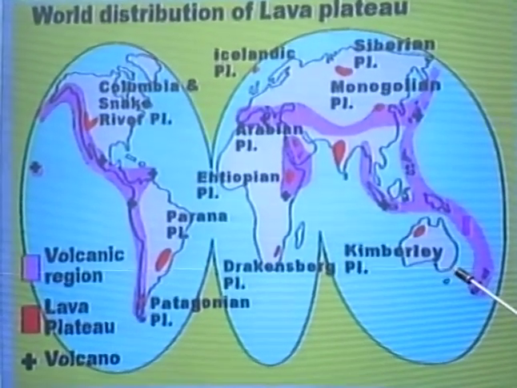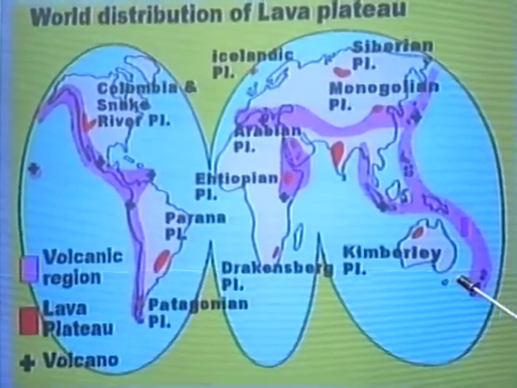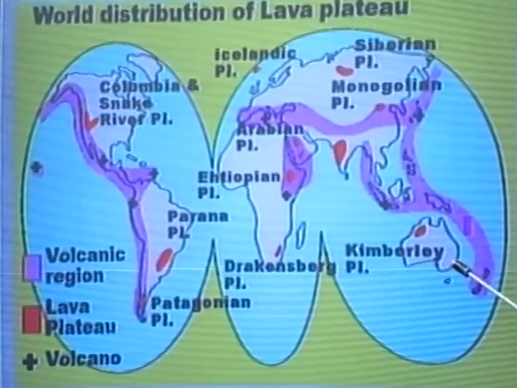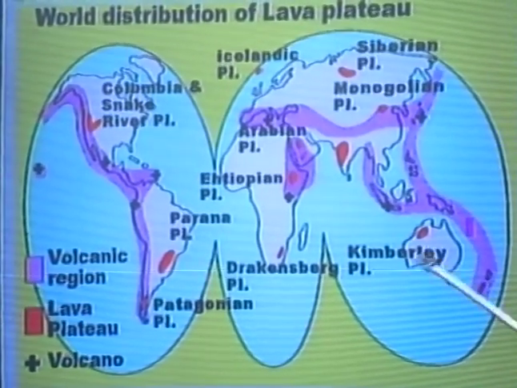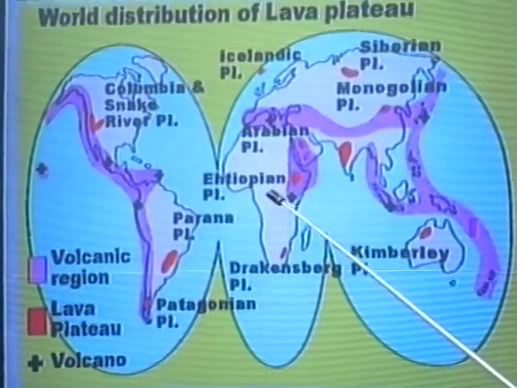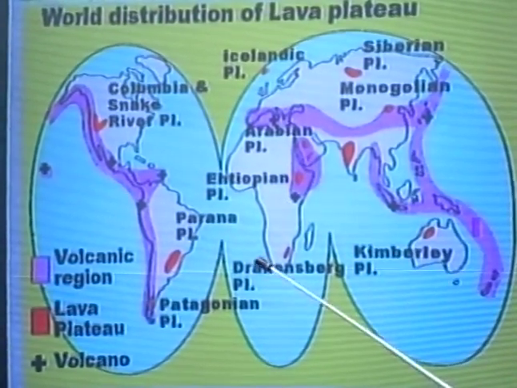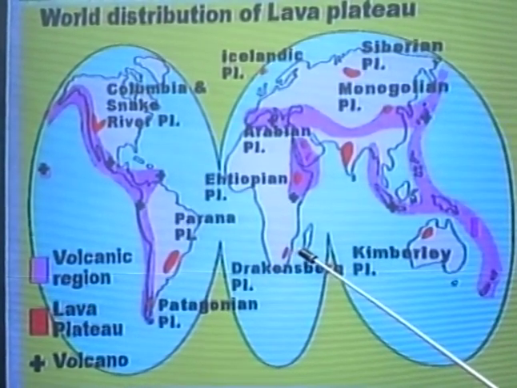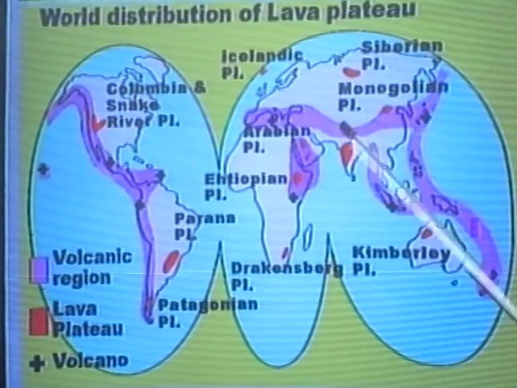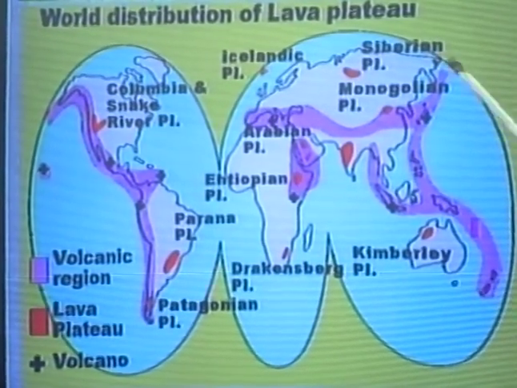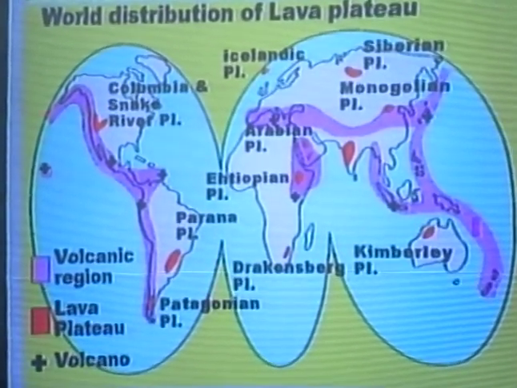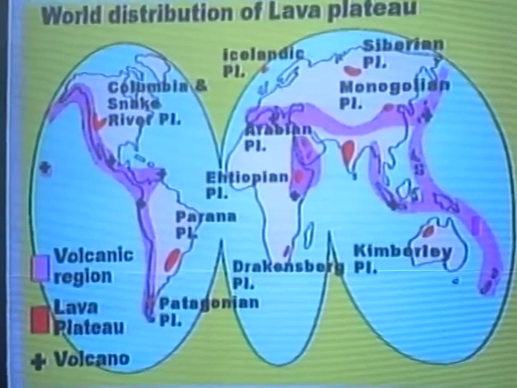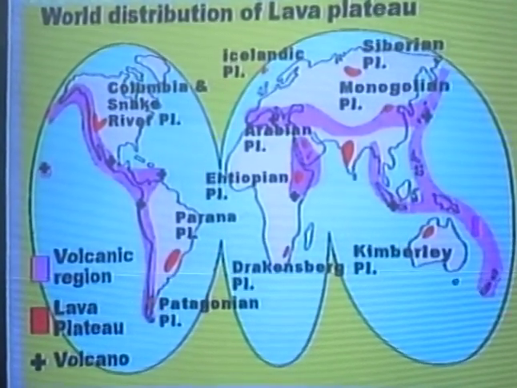Then we have in Australia, evidence of volcanicity in the young stage of the development of that particular area, the Kimberley Plateau. In Africa, Ethiopian Plateau, Drakensberg Plateau. These are some of the lava plateaus which have been created and are evident today around the world as a result of magma coming out onto the surface.